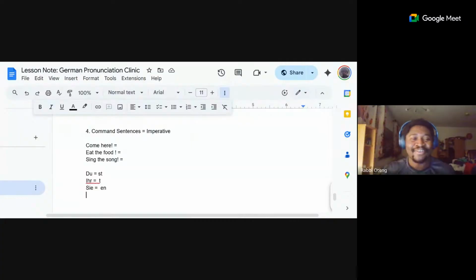So our rule says that when we are giving an order in the du form, we do away with the ST. Do away with the ST and just mention the verb stem. So basically you are going back to the verb stem.